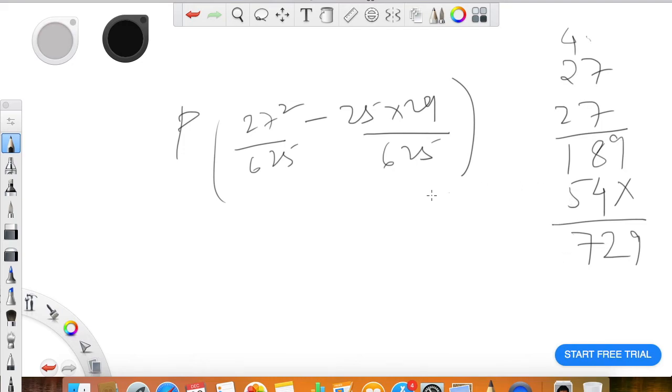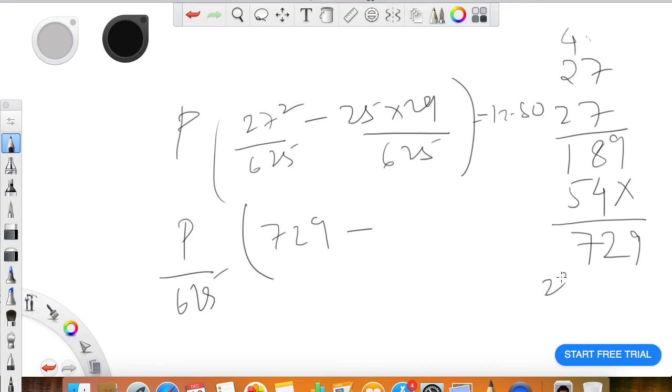Yeah, okay, it's coming to 729 minus, equals 12.80. Don't forget that. So P upon 625 equals 729 minus 25 into 29. That also we have to do. 5 9s are 45.